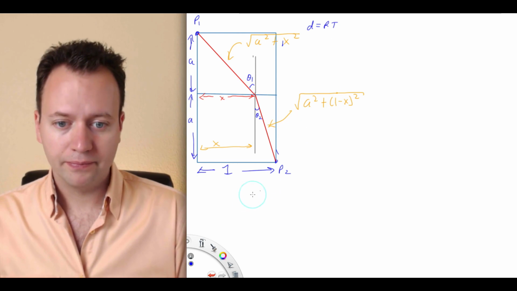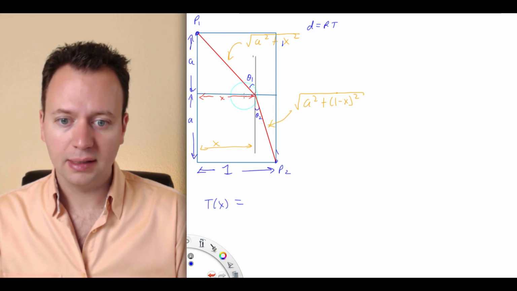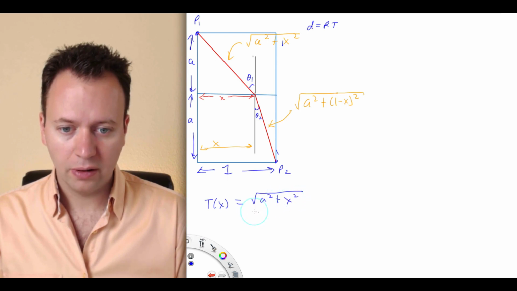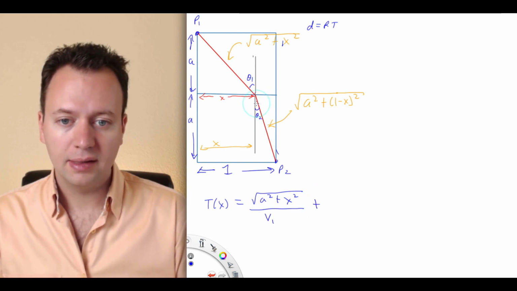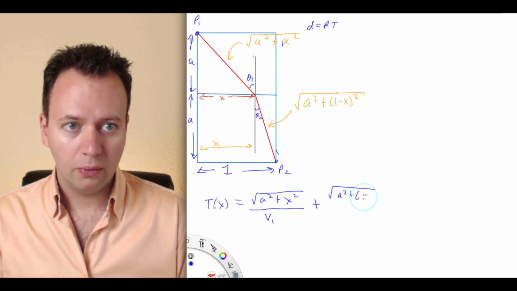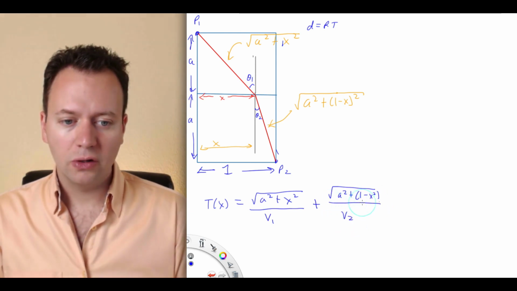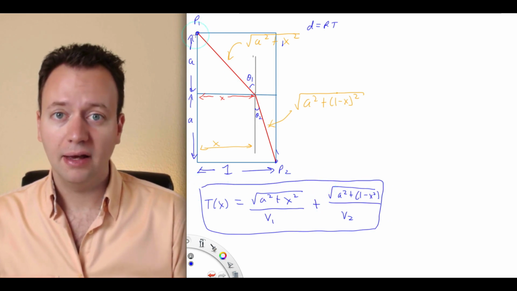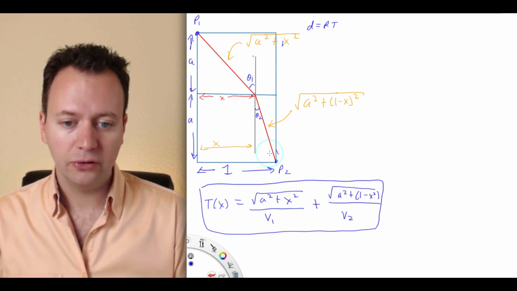So the total time as a function of x is going to be this distance, square root of a squared plus x squared, divided by the speed v1 that you're moving through this top part, and then plus this distance, square root of a squared plus (1 minus x) squared, divided by your second speed v2. So this function tells us exactly how long it takes to get from P1 to P2, depending on where your point x is at which you pass through that interface.